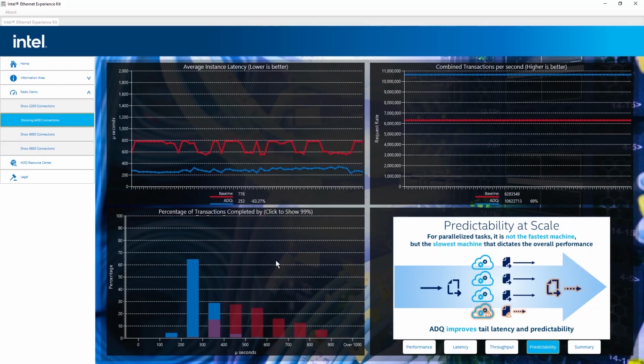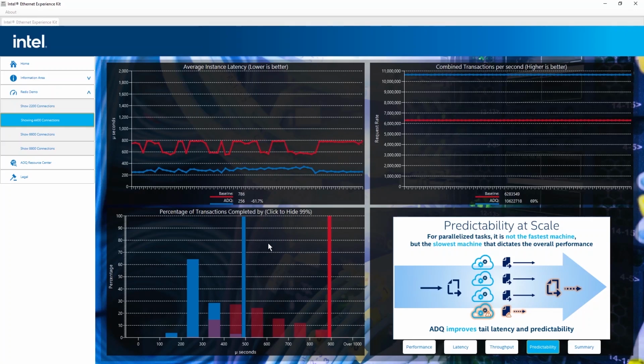To visualize it better, we can apply the 99th percentile measurement. 99th percentile estimates the completion time for split jobs and is also a base for service level agreement contracts. For 99th percent of connections, ADQ-equipped system returns 500 microseconds, whereas baseline system is huge at 900.